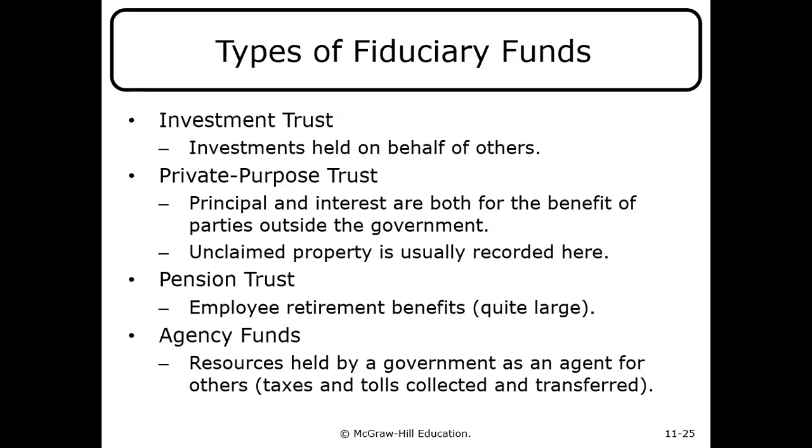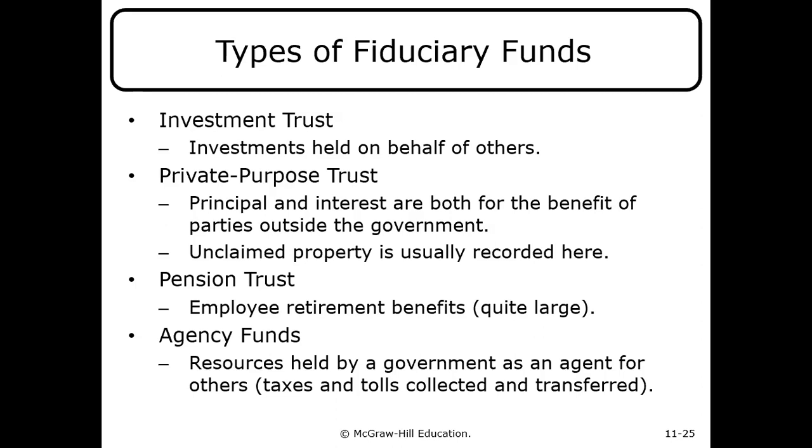Well, the government doesn't sit there and go, well, we're going to leave this in accounts receivable or accounts payable. No, they put it in as private purpose trust and let it earn money. And when somebody comes and claims it, they'll get their money. A pension trust.